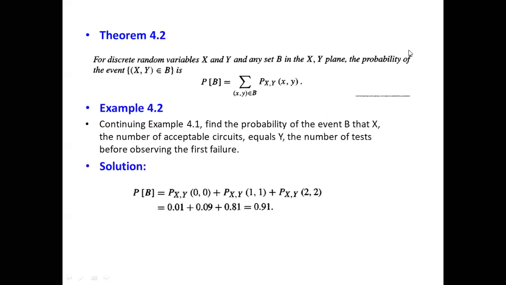Look at this one. Probability of B is equal to P(0,0) plus P(1,1) plus P(2,2). So we are adding those 3 different probabilities, and we get the result 0.91, which is the probability of event B. Is it clear? Yes, sir. Okay.